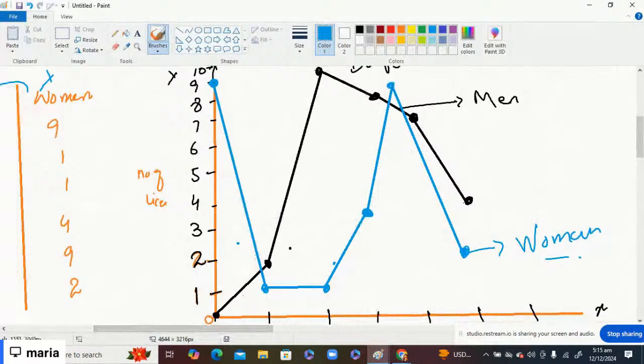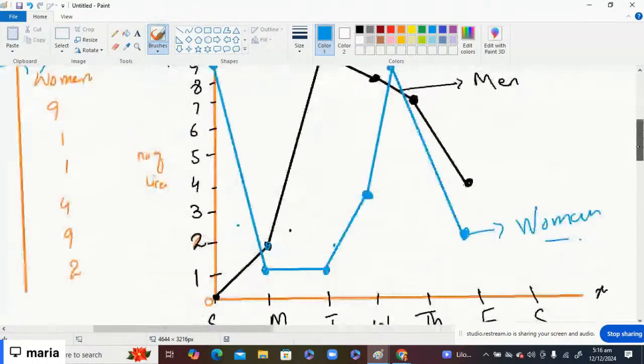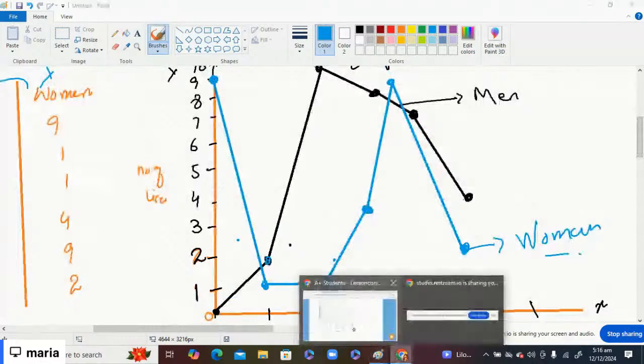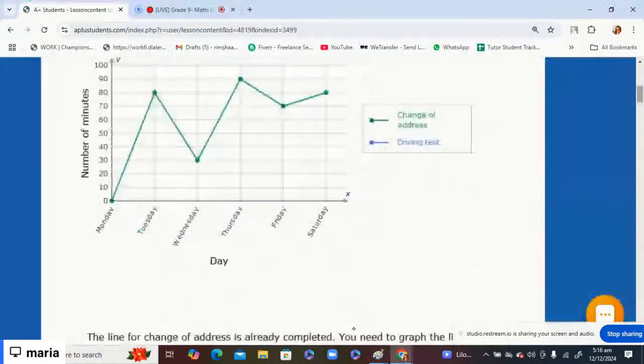For the blue one, we are going to draw for the women. Then draw these two lines, check where each point lies, mark it out and then join by using the line. Okay, this is the previous one and this is the next. Hope you guys understand this. Let's do the next lesson.